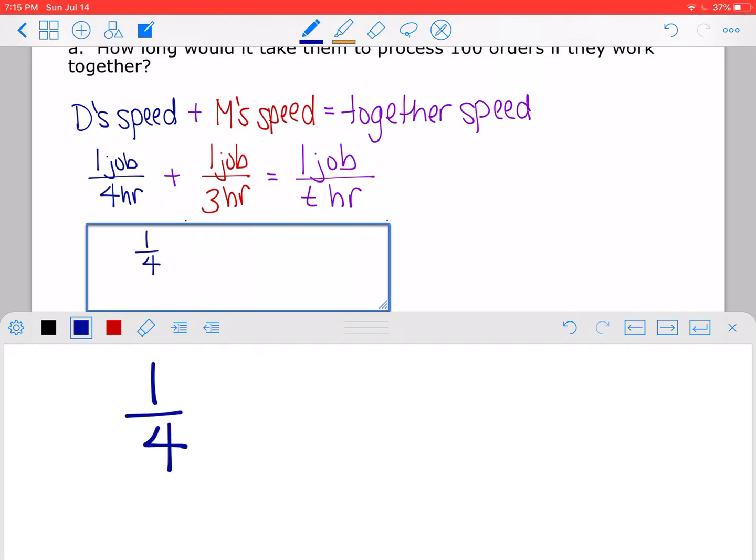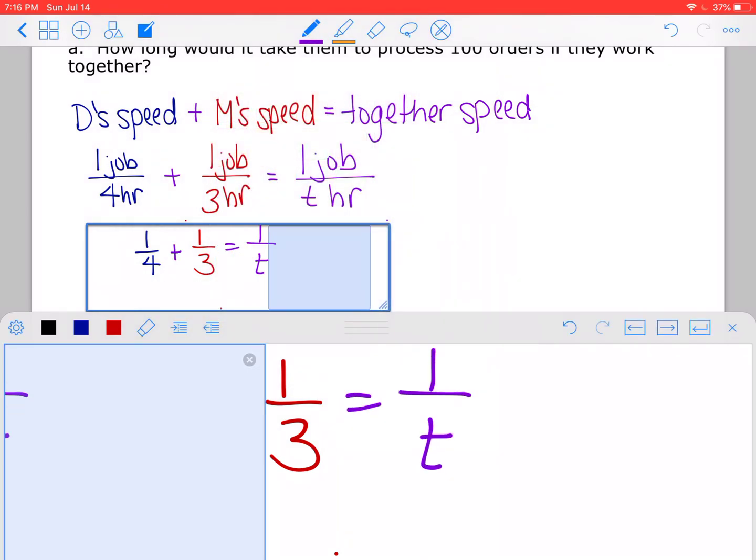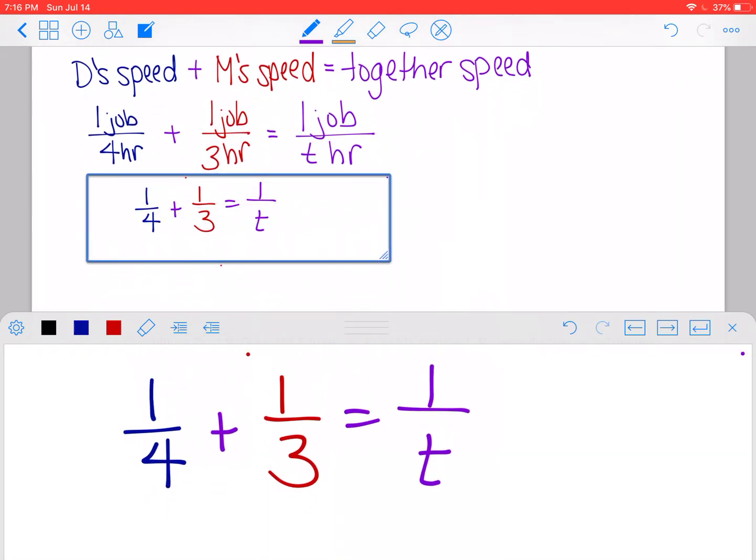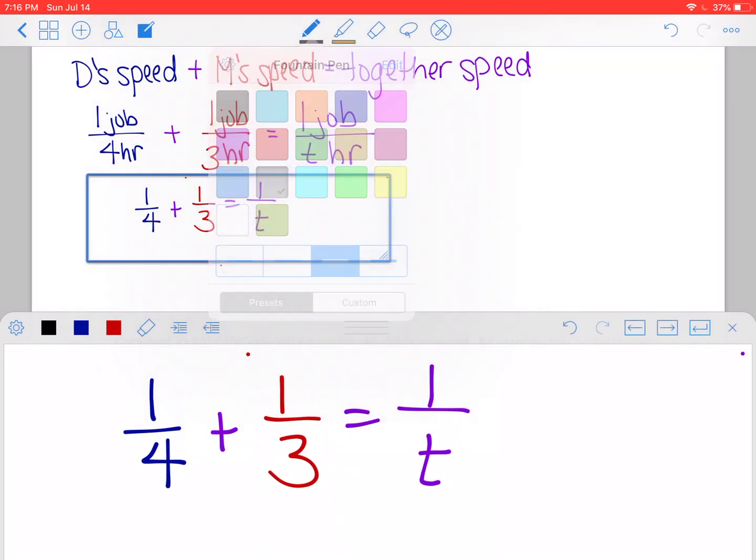So we've got 1/4 plus 1/3 equals 1 over t. And we need to solve for t.